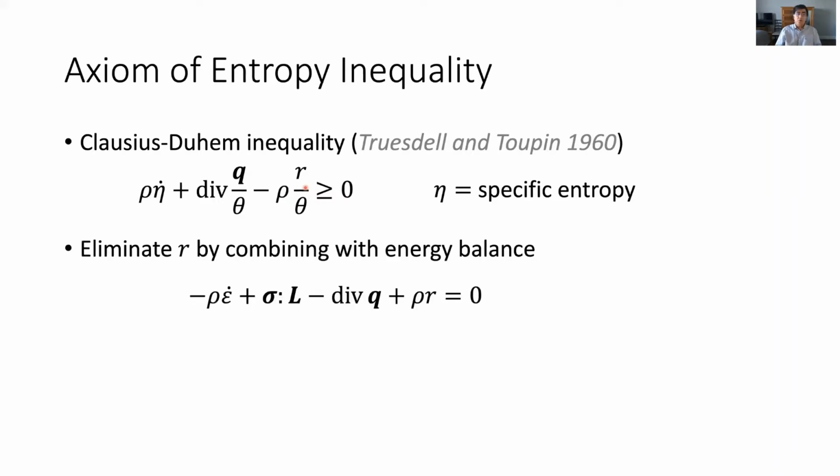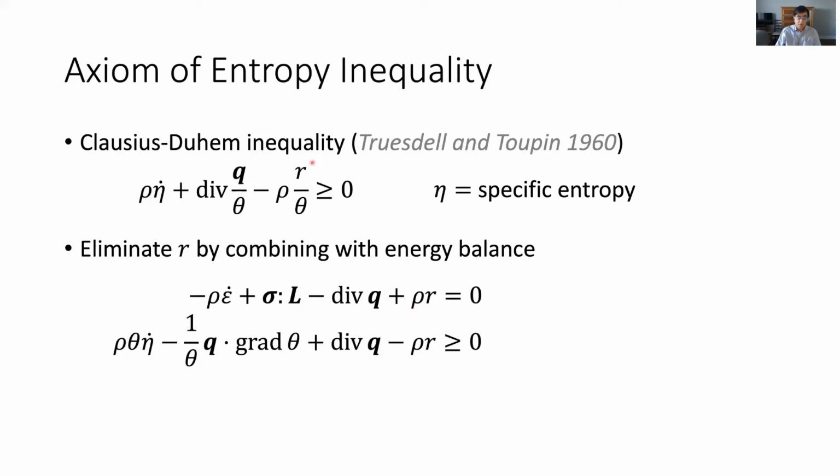So now what we ask ourselves is, a moment ago I explained to you that this R is not a defined quantity unless you decide, oh, I want specifically Joule heating or microwave heating. So we should try to eliminate R from the entropy inequality. So we go back to the energy balance and write it in a form where we bring all the terms to the left-hand side. And we say, look, there's a rho R here, there's a rho R here.